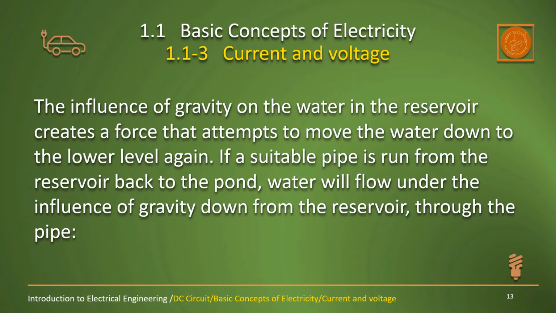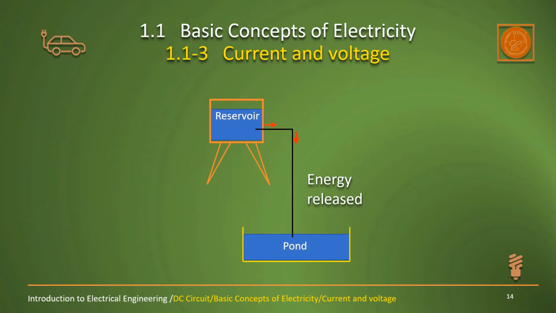If a suitable pipe is run from the reservoir back to the pump, water will flow under the influence of gravity down from the reservoir through the pipe, like this. This is energy released. This is the reservoir, the water is at the high level, and it goes through this pipe and back to the pump.